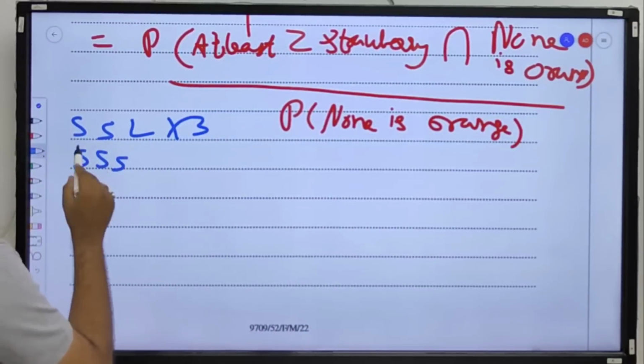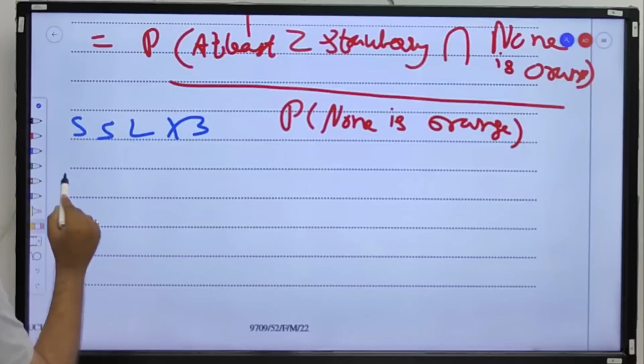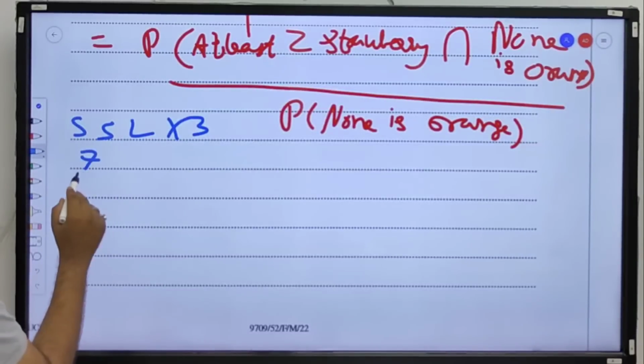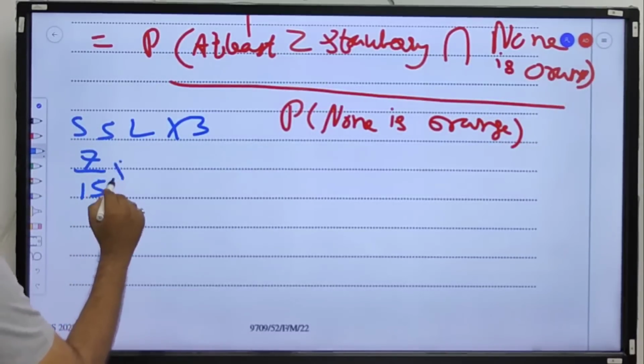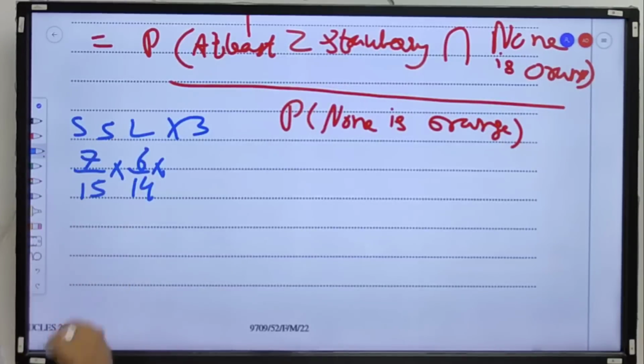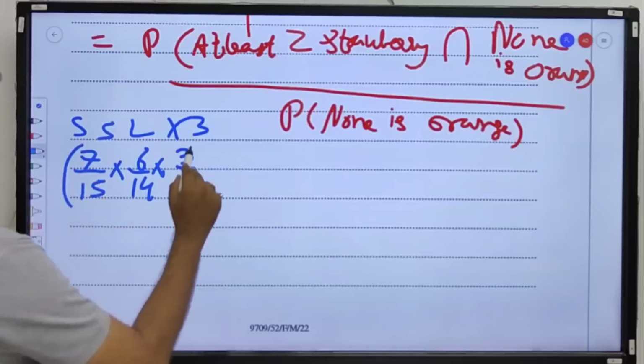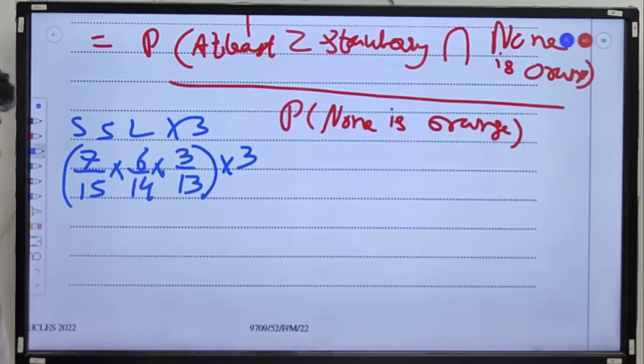Let me find this probability first. Say the first is strawberry, 7 by 15 into 6 by 14, and the third one being lemon, which is 3 by 13. This whole multiplied with 3.